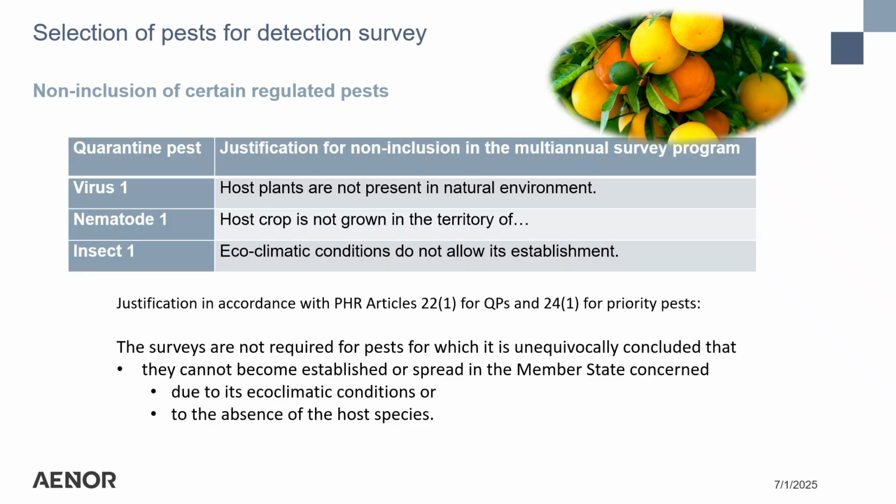The surveys are also not required for pests which can be excluded based on justification, like host plants not being present in the natural environment, or host crops not being grown in the territory, or ecoclimatic conditions not allowing its establishment. This is justified in accordance with Plant Health Regulation Articles 22 and 24.